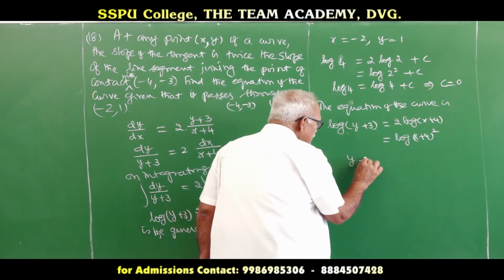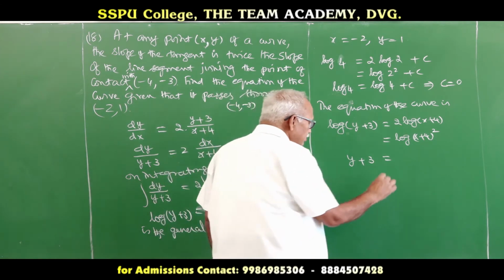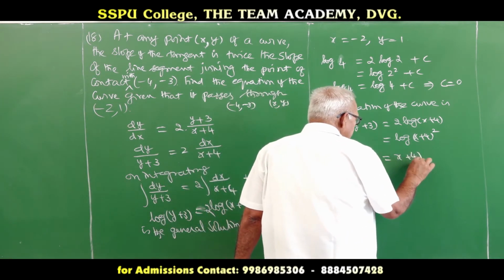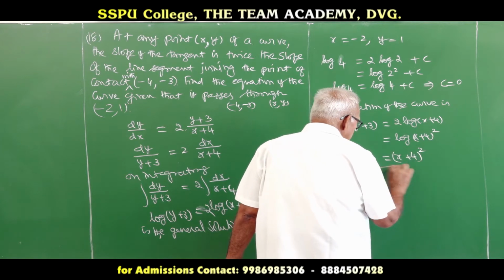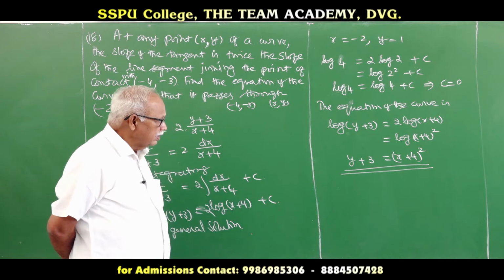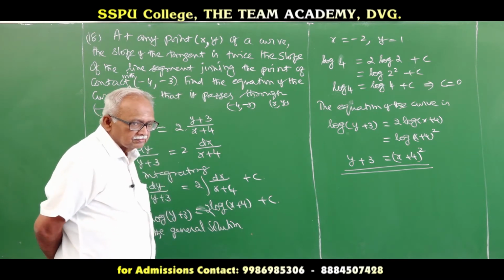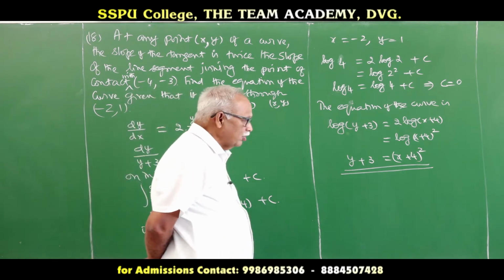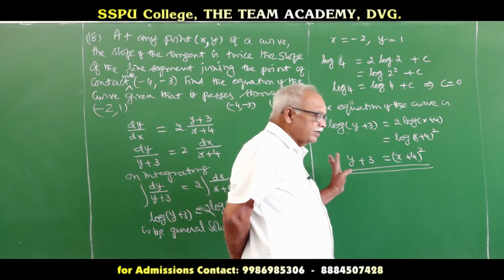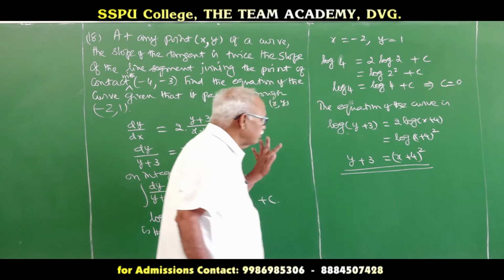So, the logarithm can be cancelled. So, y plus 3 is equal to (x plus 4) whole square. This is the equation of the curve. What is this curve? You can see it is a parabola, (x plus 4) whole square is equal to y plus 3. So, this is how we have to do it.